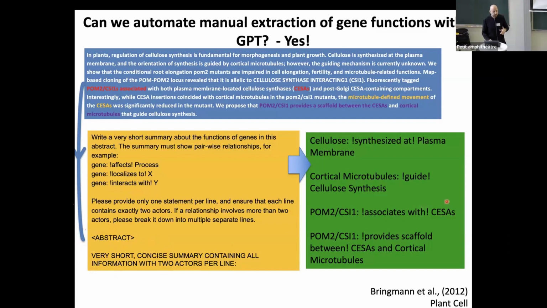And indeed, it listened. It was able to identify pairs of relationships, for example, cellulose synthesized at plasma membrane, cortical microtubules guide cellulose synthesis, and so on.